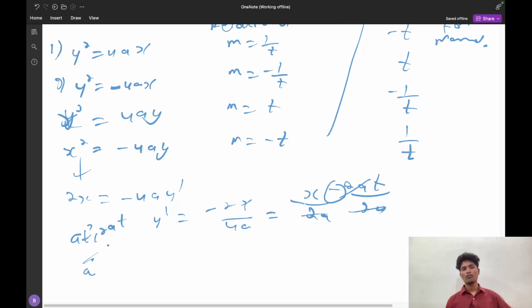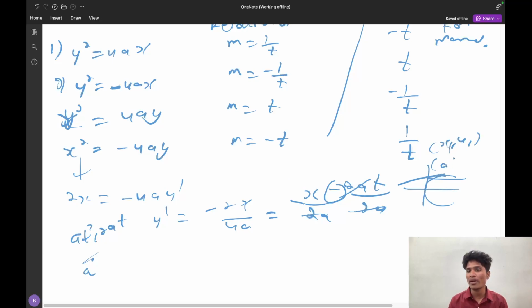And one more thing. In the point format and parametric format, you know the point of contact of the parabola with the tangent. That is, in the point format it is x1 comma y1, and in the parametric format it is at square comma 2at, if it is the y square equal to 4ax parabola. The other parabolas you already know. Now I want to find the point of contact for a parabola in terms of slope. How can I get it?